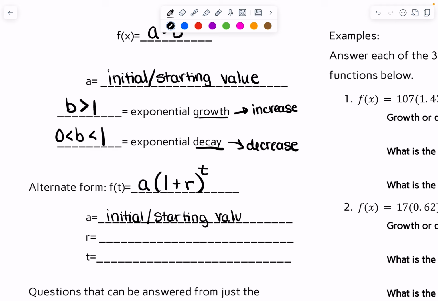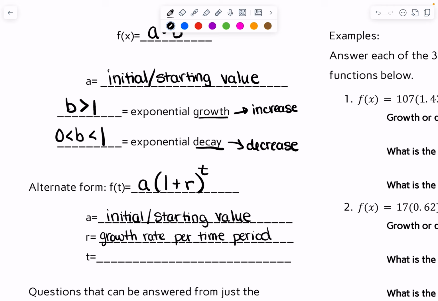The r is the growth rate per time period. So for that COVID example, that would be the growth rate, or how quickly it was growing per day.